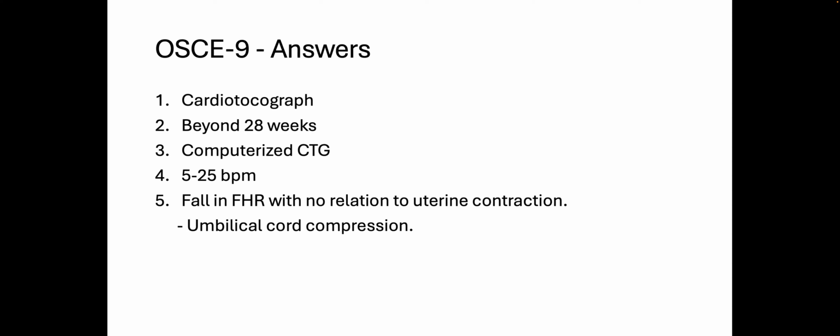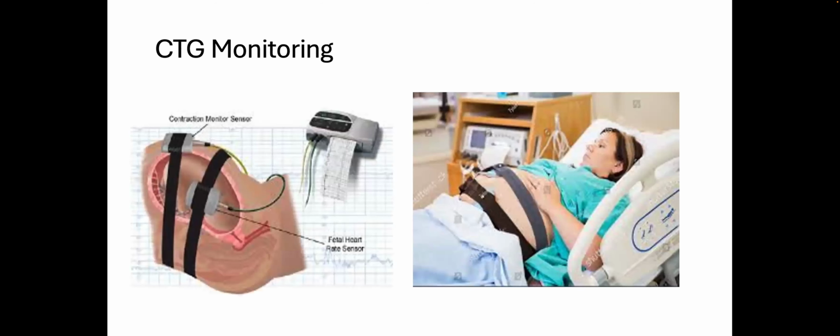But if you look at the STVs, this is only possible when you use a computerized CTG. I'll also put up some difference between computerized CTG and a conventional CTG. And 5 to 25 beats per minute variability is acceptable. And a fall in the FHR with no relation to the uterine contraction is generally defined as a variable deceleration, and umbilical cord compression is the most common reason.